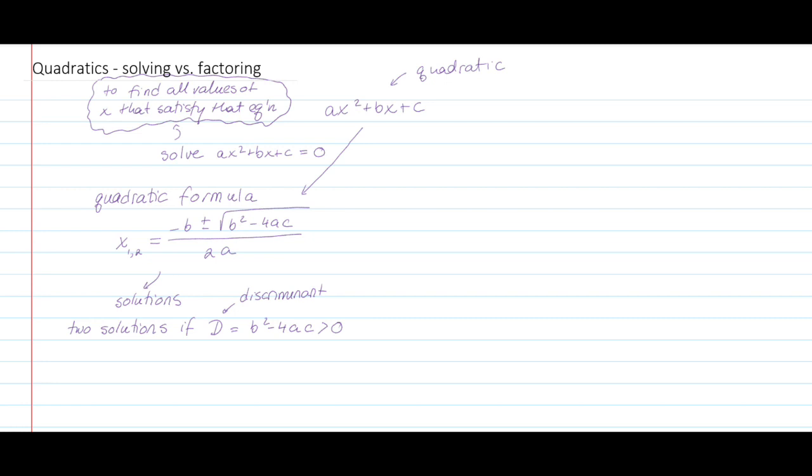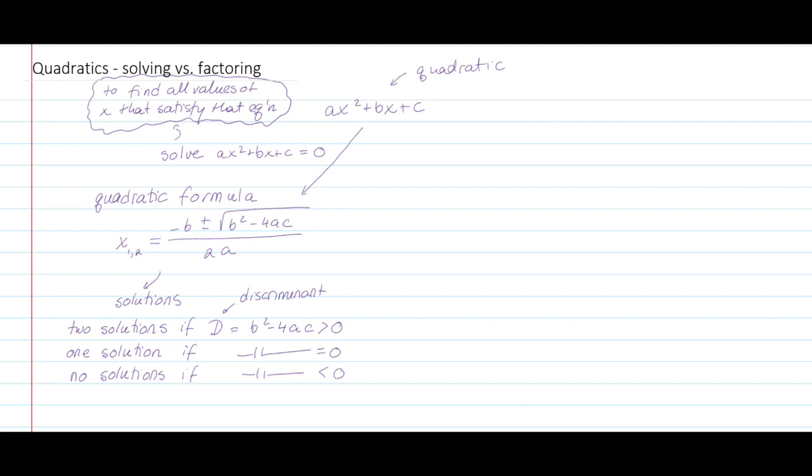I'm going to have one solution if the discriminant is equal to 0, and I'm going to have no solutions if the discriminant is negative, because I can't take a square root of a negative number, at least not when I'm talking about real numbers.